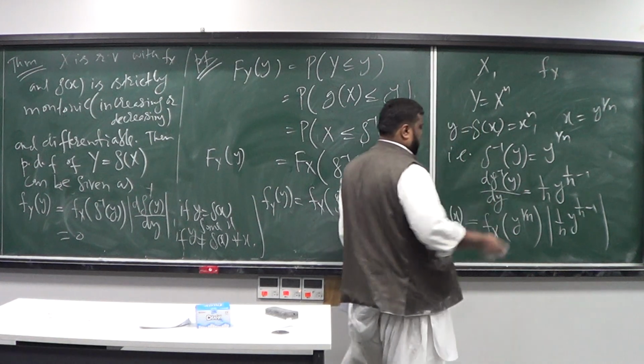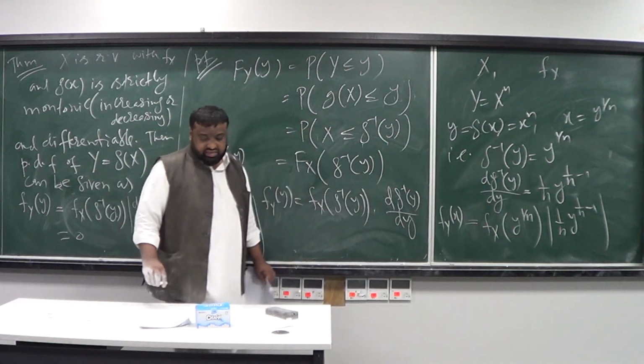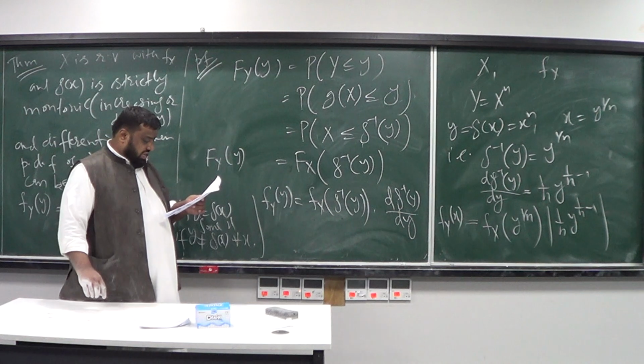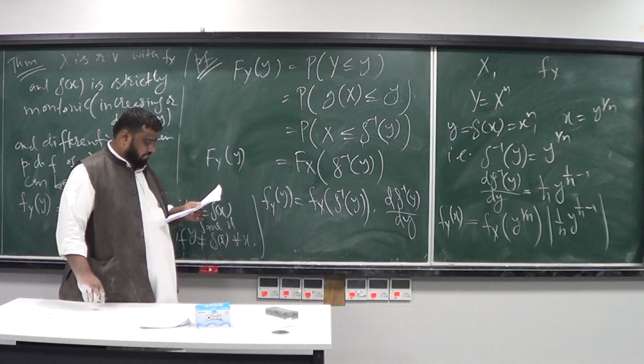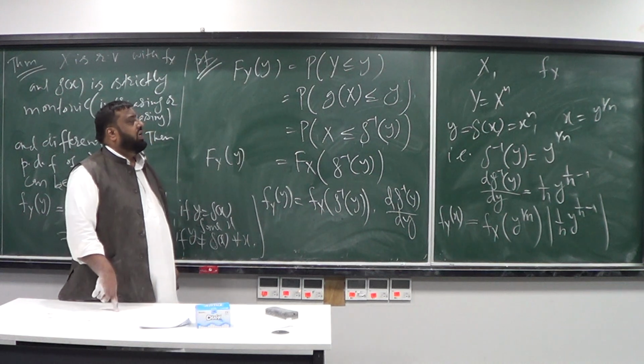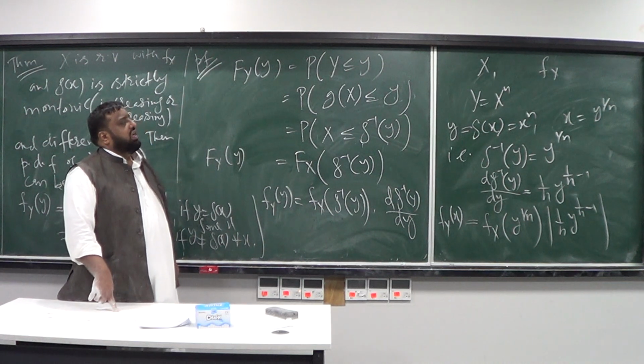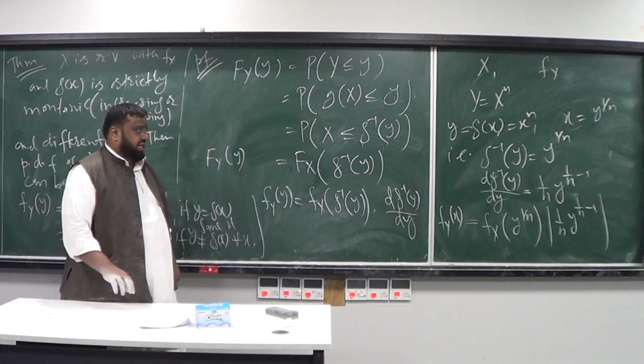So this is what is really the PDF of Y equal to X^n.